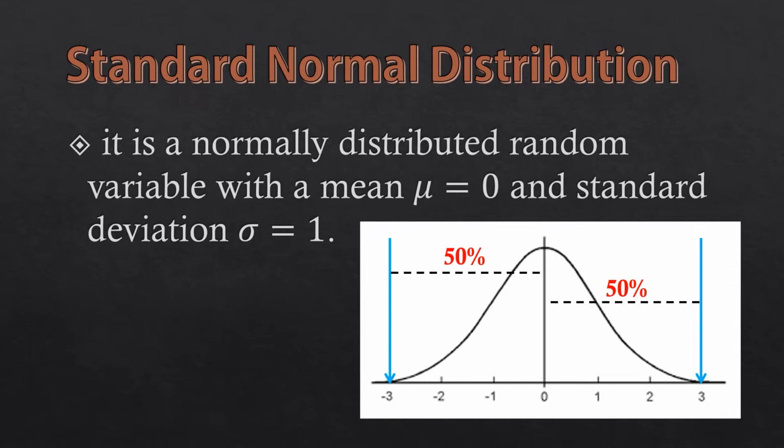The total probability is 1. As you can see in this figure, we have the illustration of a standard normal curve which has a mu, or mean, of 0 and a standard deviation of 1.